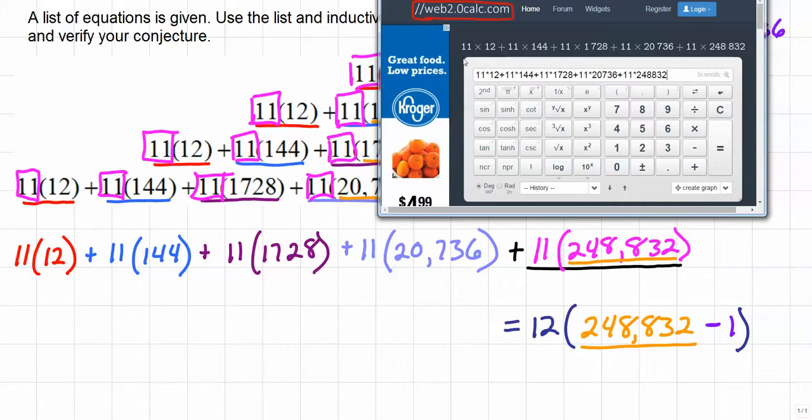And then you'll notice that across the top, as you punch these numbers in, they occur just as we've written them across the page. So we'll press equals, and we have an answer of 2,985,972. So let's go ahead and write that down.